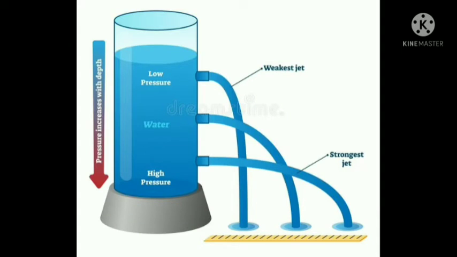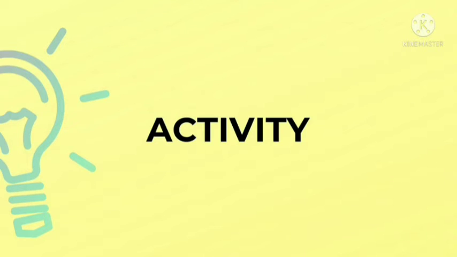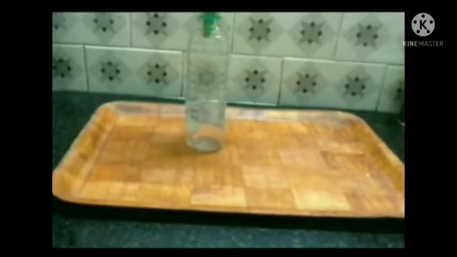Fourth characteristic is that the pressure exerted by a liquid increases with depth. Let us understand this with the help of an activity. Take an empty plastic bottle and make 3 holes of equal size at 3 different heights from the bottom of the bottle. Fill the bottle with water.